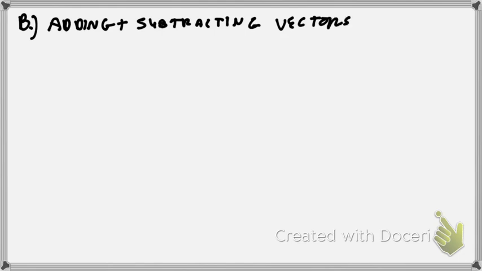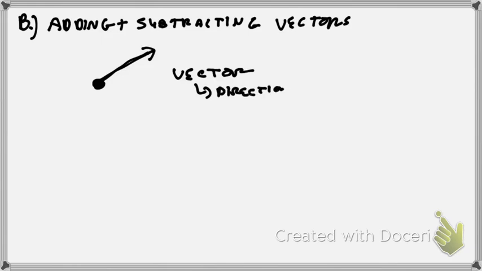A vector has both direction and magnitude.